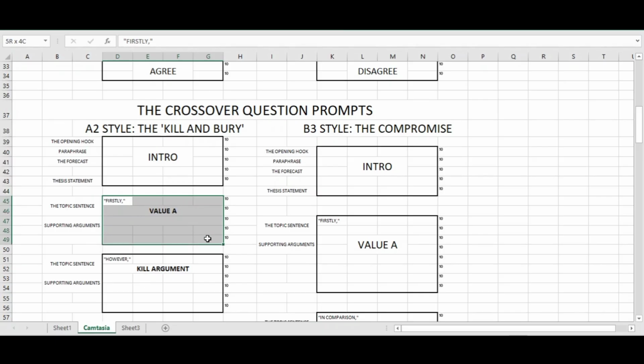You're mentioning the arguments in favor of it, and then now you follow this up with the kill arguments over there, because you're in favor of value B in this particular case. So those are the 2-step processes for the kill style. You mention the opposing opinion and then kill it afterwards.